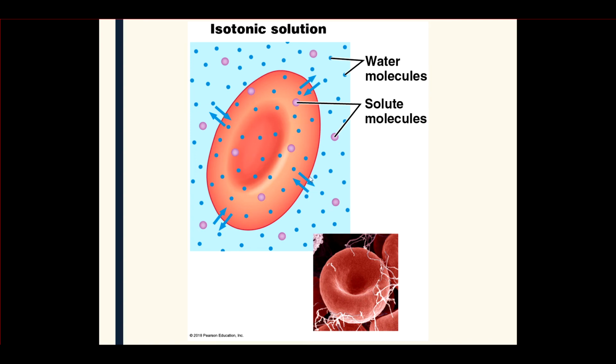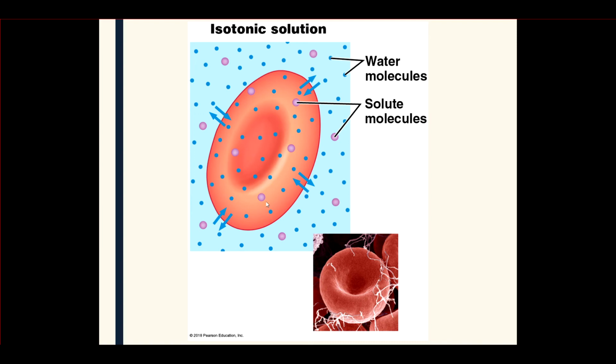So when we put a red blood cell with an equal amount of salt in the water, let's say inside the cell, and we put it in a solution that's the same salt concentration, the water into and out of the cell is equal, and the isotonic solution will cause no change in the shape of the cell.